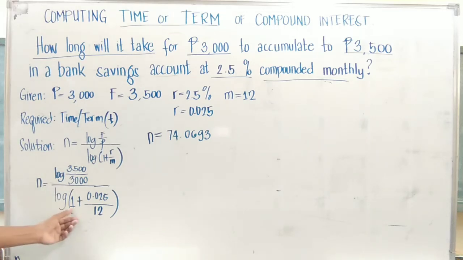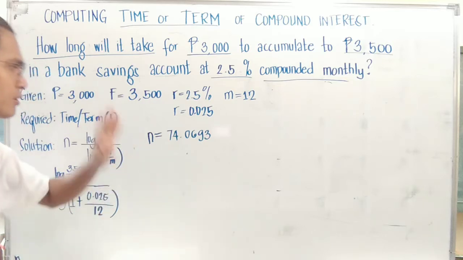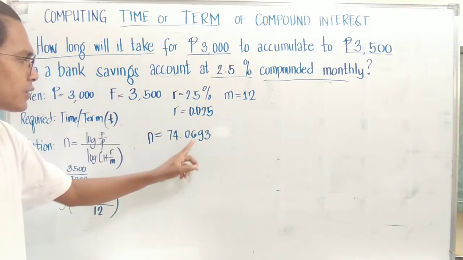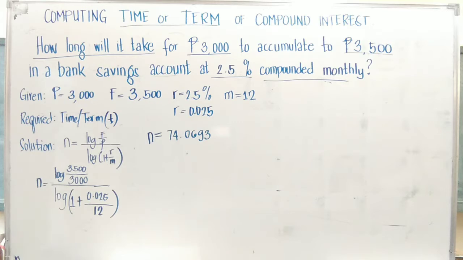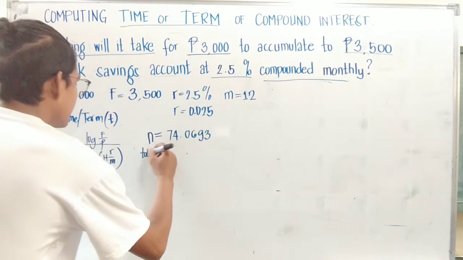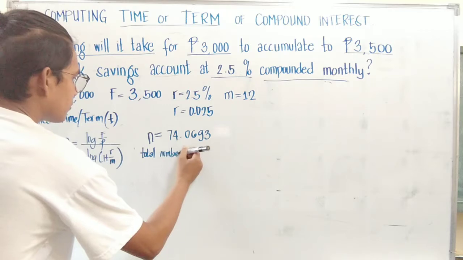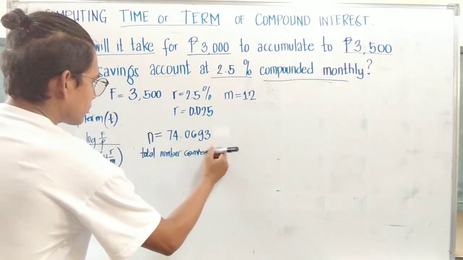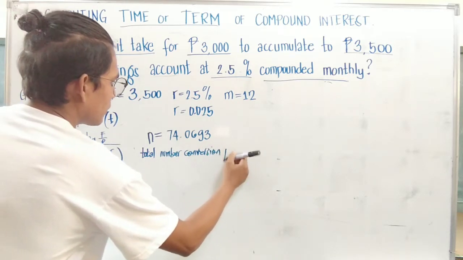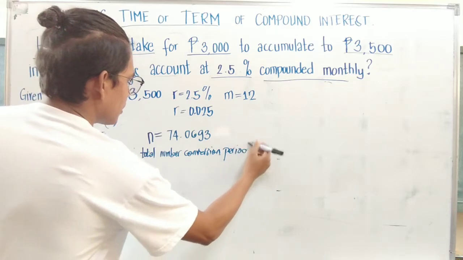If you have substituted correctly and encoded in your calculators, you will have n equals 74.0693. So n will be explaining the total number of conversion periods.